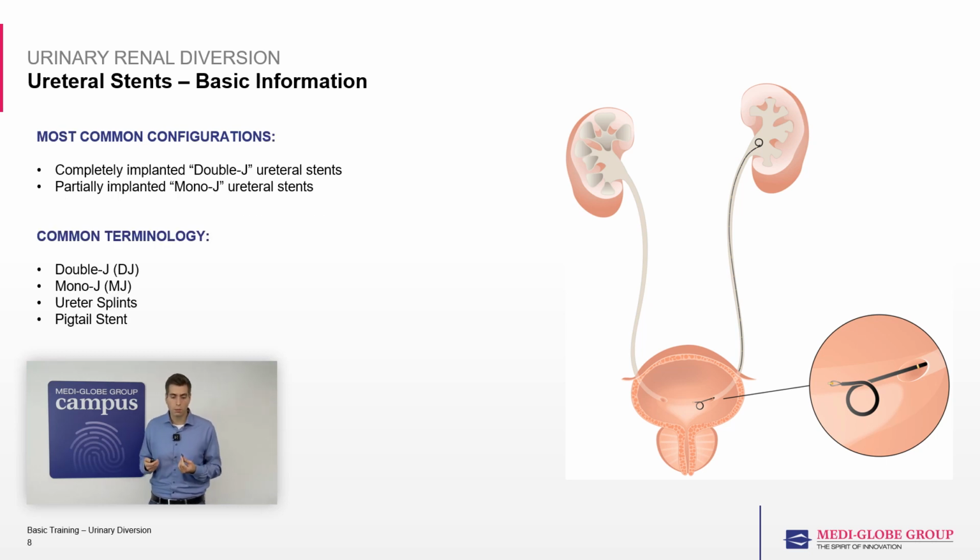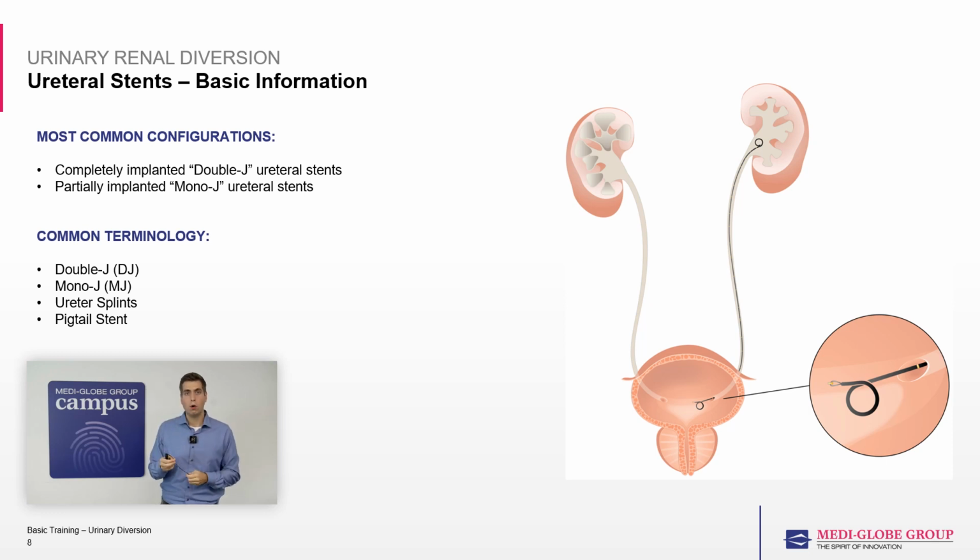The most common products in the product group ureteral stents are the so-called double J stents. Those have two kringles, one kringle for the fixation inside of the kidney, one for the fixation inside of the bladder.